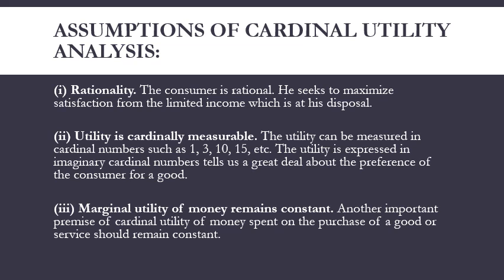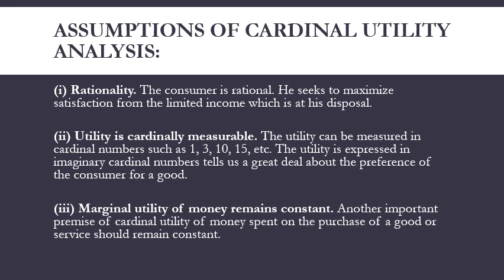And the second assumption is that utility is cardinally measurable. In practice, it is impossible, but we need to assume that utility can be measured in cardinal numbers, just like our natural numbers. The utility expressed in imaginary cardinal numbers tells us a great deal about the consumer's preference for a good.